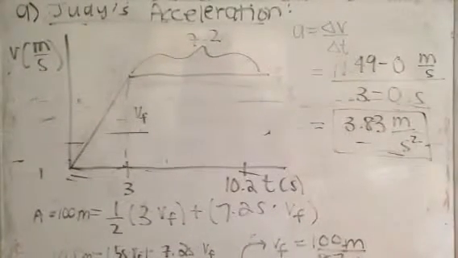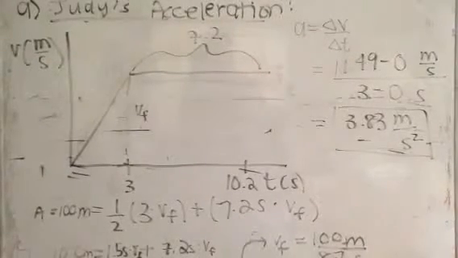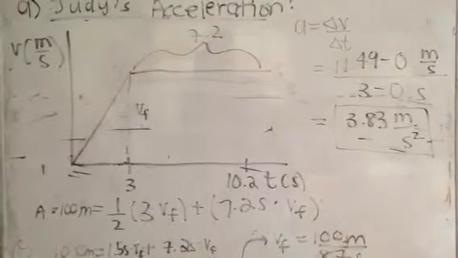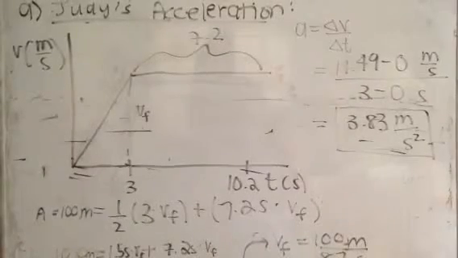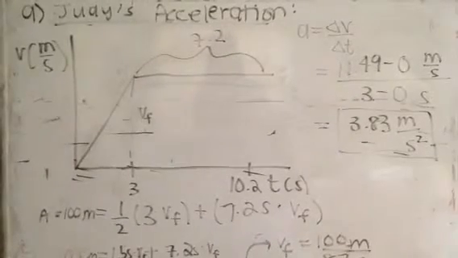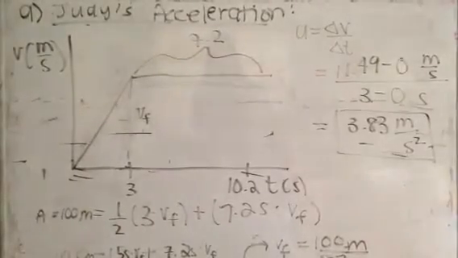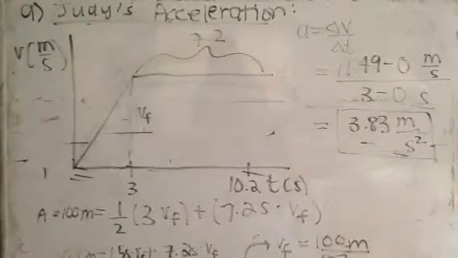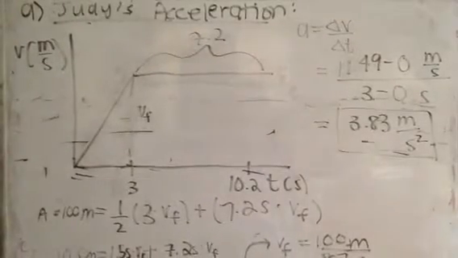I found the area under the curve again using V sub f as Judy's final velocity after she accelerated. I wrote 100 meters is equal to 1/2 times the base of 3 seconds times the final velocity plus the area of the rectangle, which is 7.2 seconds times the final velocity.